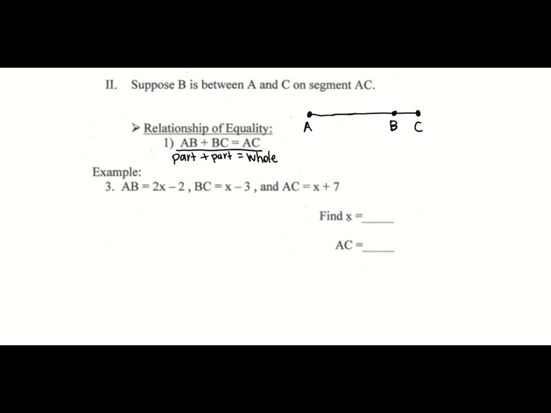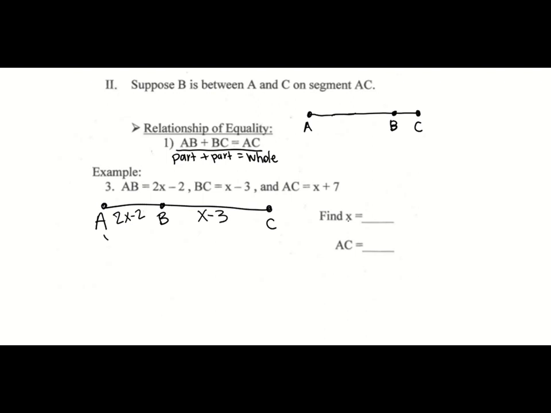Okay, so let's look at this example using that relationship. So we know that AB, we don't know where B is, but it's somewhere along this line. And if we put it here, AB is 2x minus 2. BC is x minus 3.